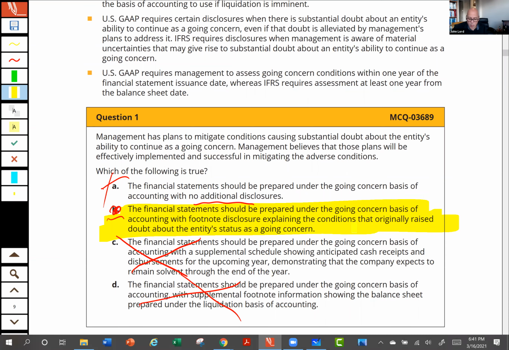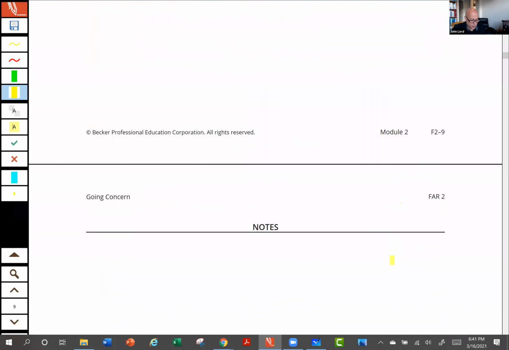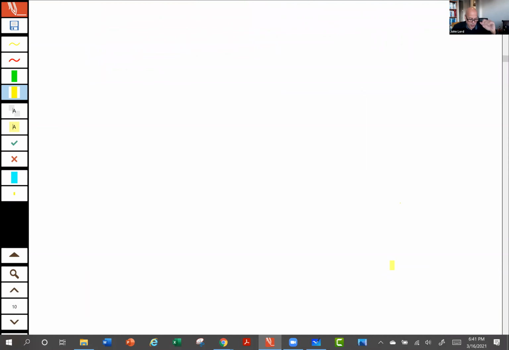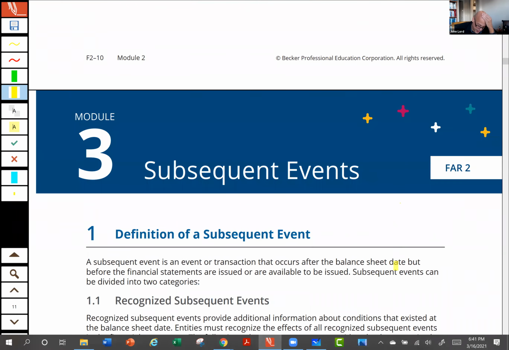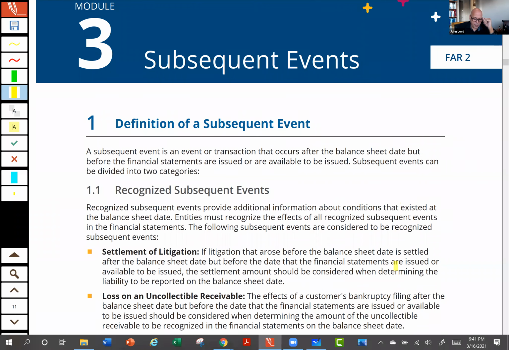Okay, good. Let's go ahead then and take a look at subsequent events. Okay, now what happens here? There are two types of subsequent events. There's a subsequent event in which the conditions that gave rise to it existed at the balance sheet date.